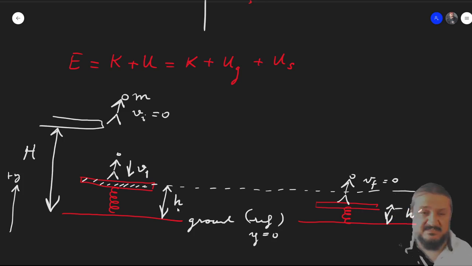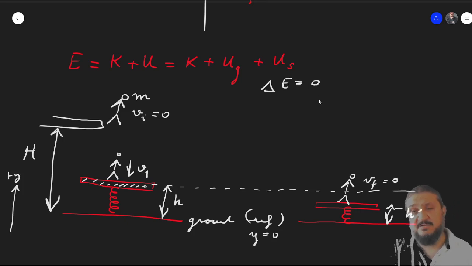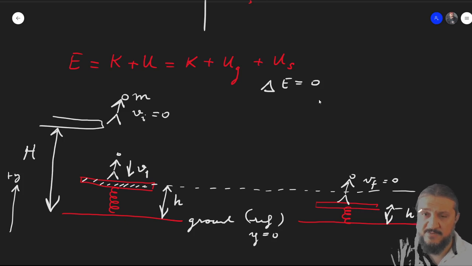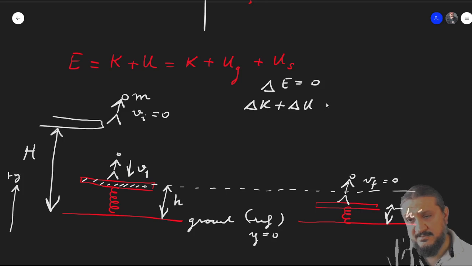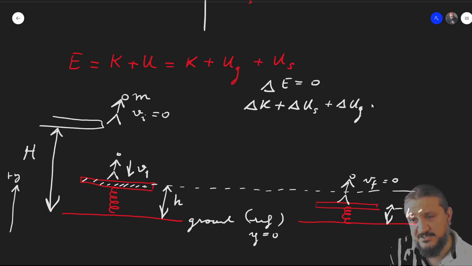So ignoring air resistance or any other non-conservative forces you can think of, how do we write the equations for this problem? Equation means delta E is equal to 0. Mechanical energy is conserved. Now, you can either write it as delta K plus delta U, where delta U has the elastic term and the gravitational term.